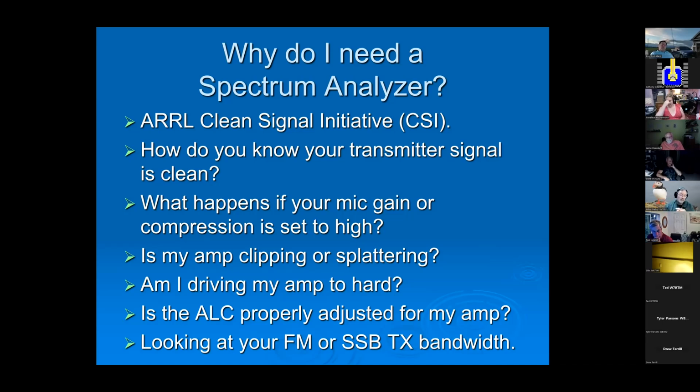So having said all that, what happens if your mic gain or your compression is set too high? We all know and hear about splatter and all the things that cause it. So it'd be nice to be able to look at your rig, take your mic gain, crank it up to the point where you can see with your spectrum analyzer that you're starting to get distortion and maybe even splatter.